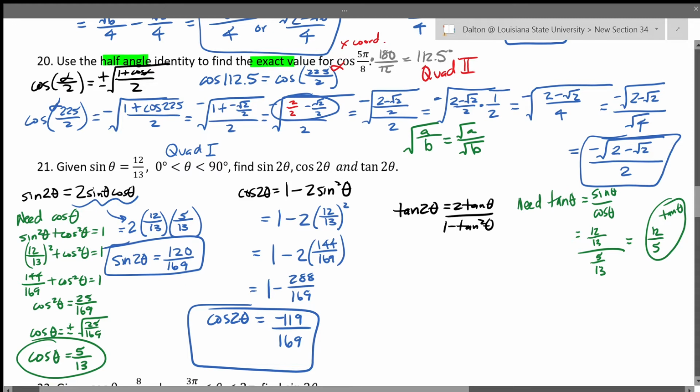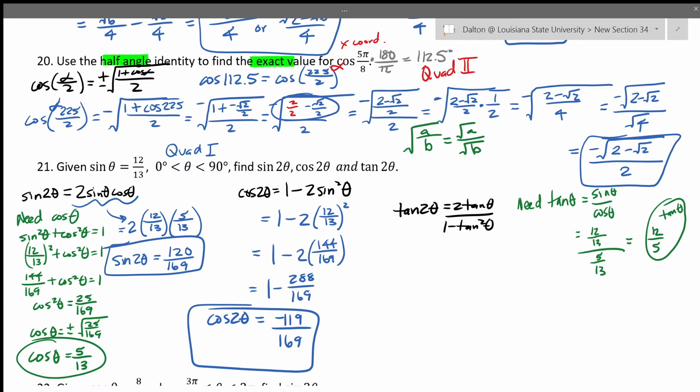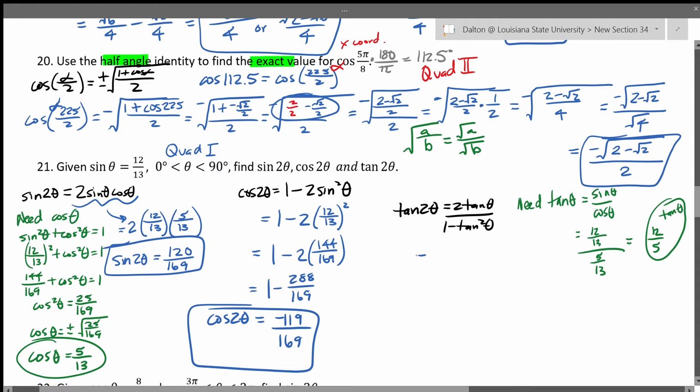So then if I plug that in for tangent in the double angle formula, that's going to be 2 times 12 over 5 divided by 1 minus 12 over 5 squared. And then again, just use PEMDAS to simplify. In the numerator, 2 times 12 over 5 will be 24 fifths. In the denominator, that'll be 1 minus 144 over 25.